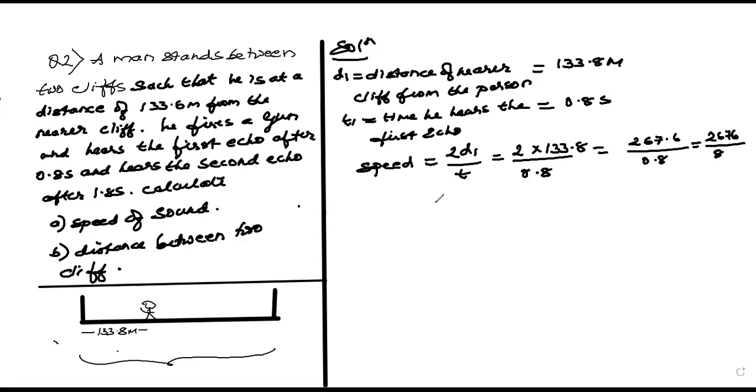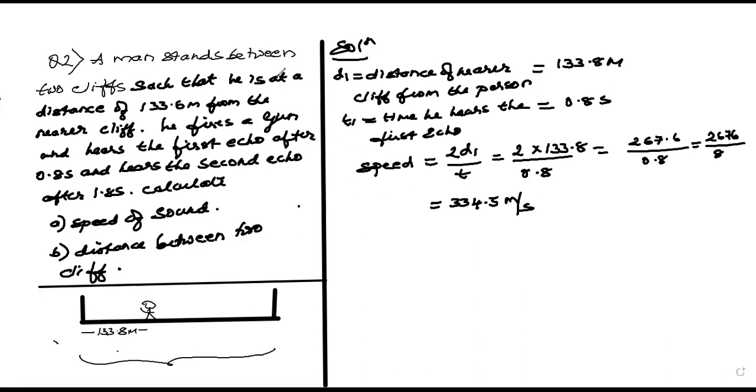So what I get, the speed equals 8 threes are 24, 8 fours are 32, and so on. It is 334 meter per second. So what is the speed, children?